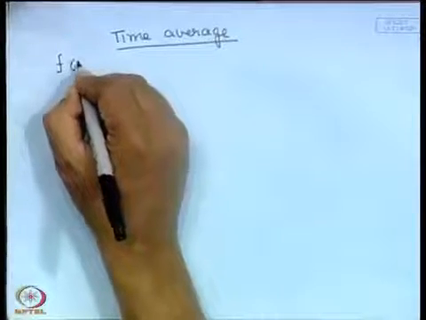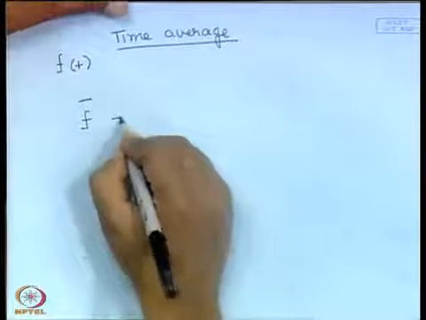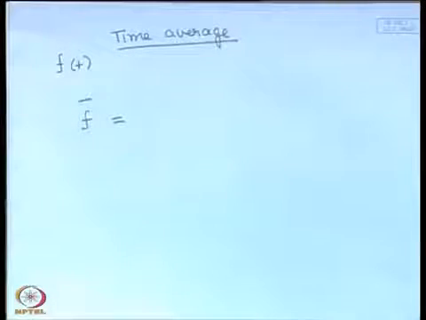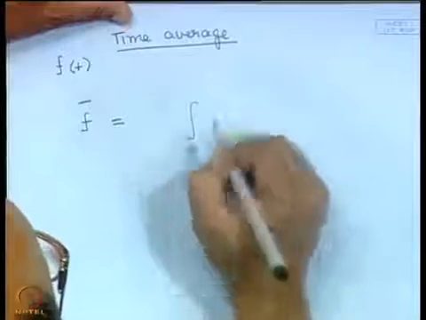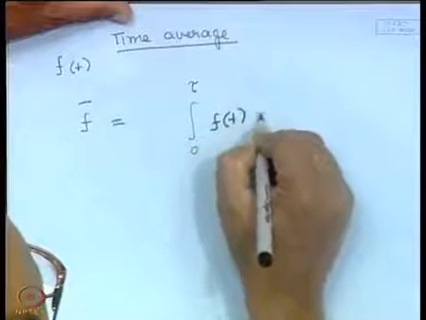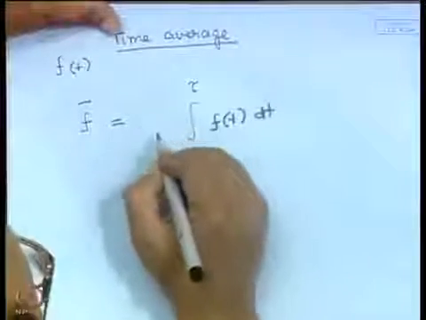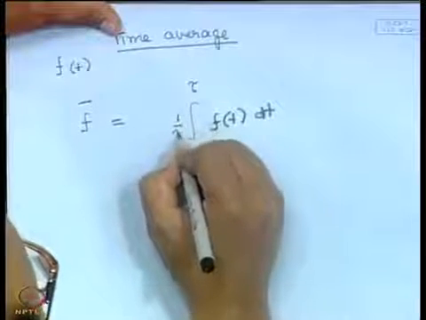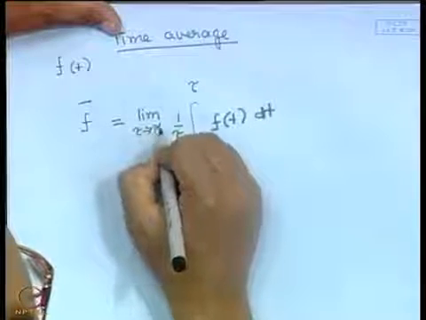which varies with time, its average f bar is defined as follows. You average f over some time interval tau, so you do the integral from 0 to tau of f(t) dt, and then you divide by tau, and we are interested in the limit where tau goes to infinity, very large time.